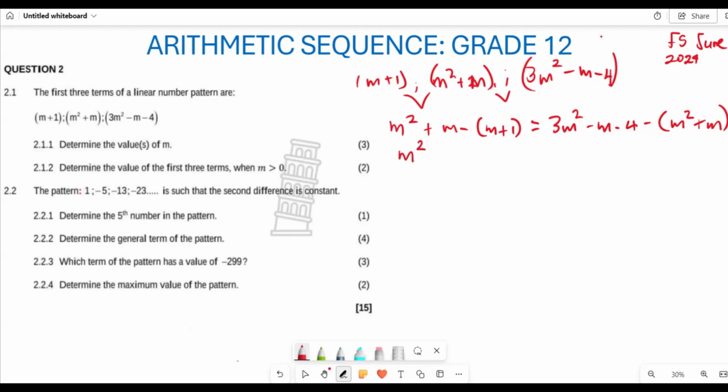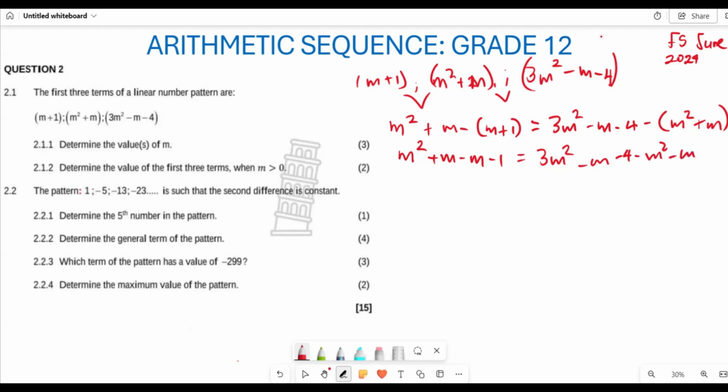Can you see that this is m squared plus m subtract m subtract 1 is equals to 3m squared subtract m subtract 4, subtract m squared subtract m, right?